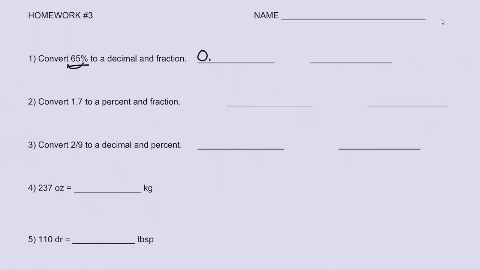So it's going to leave me with 0.65. And now, if I want to take it down to a fraction, that would be 65 over 100. And then you can reduce that further down, so that would make it 13 over 20.